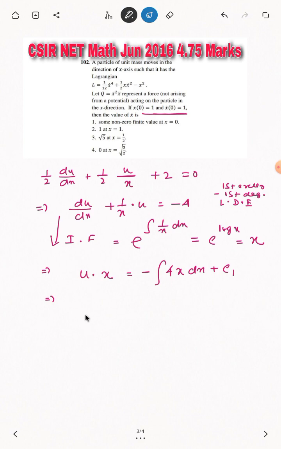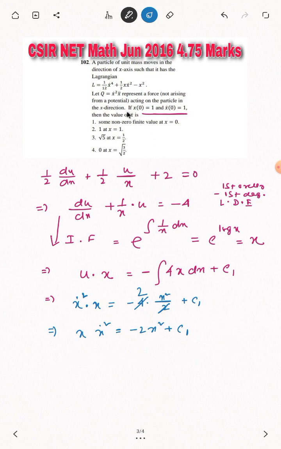Next, what is u? u is x dot square, so x dot square into x is equal to minus 4 into x square by 2 plus c1. These two will be cancelled with 4 as minus 2. So we will ultimately have x dot square equal to minus 2x square plus c1.